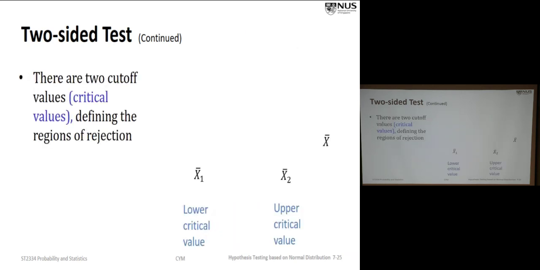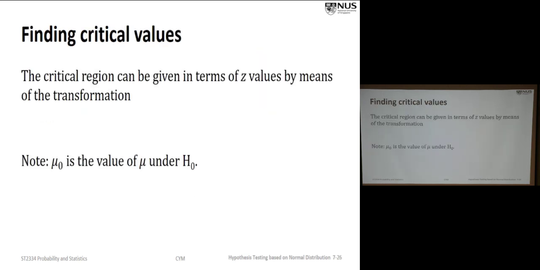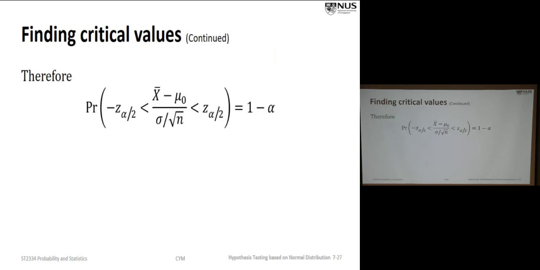So here it is. X1 bar and X2 bar are two numbers. So this is what I just said. Now, in order to know what X1 bar and X2 bar are, I need to have this one. This is the test statistic, which follows the standard normal.